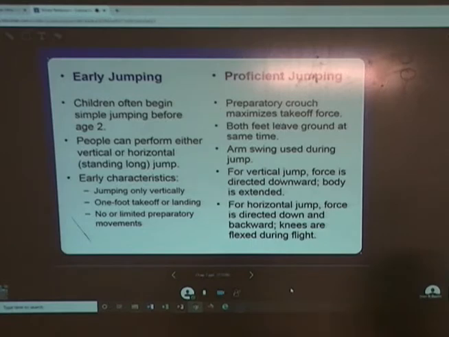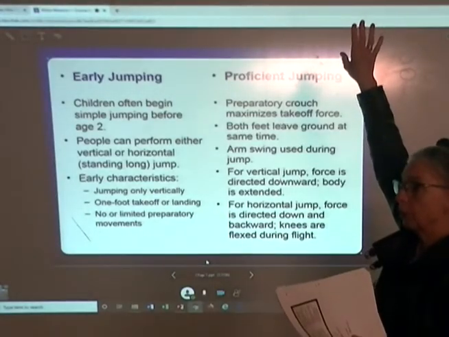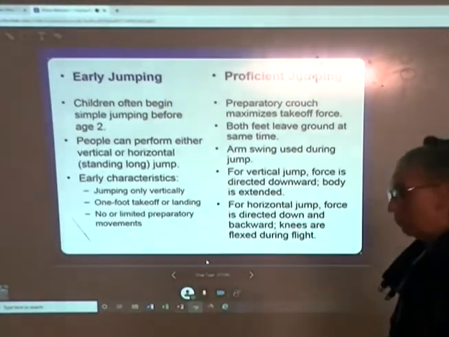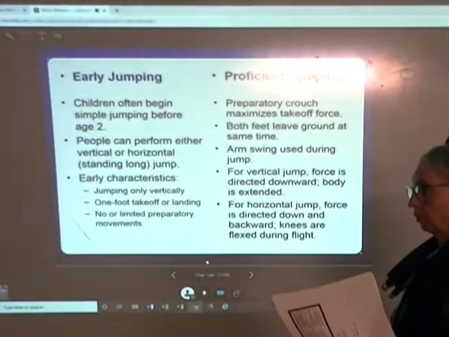So we bend our legs first, we might start using our arms. We would expect there to be more equality in strength across the limbs, so both feet can take off at the same time. And we get to a point where we can make a conscious decision: am I jumping up, doing a vertical jump test, or am I jumping forwards, doing a horizontal jump test?